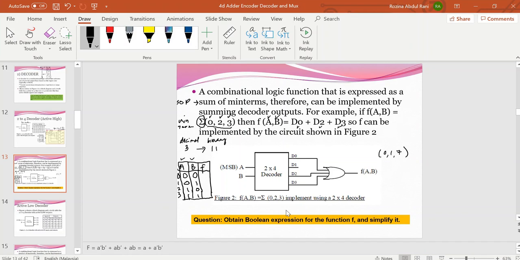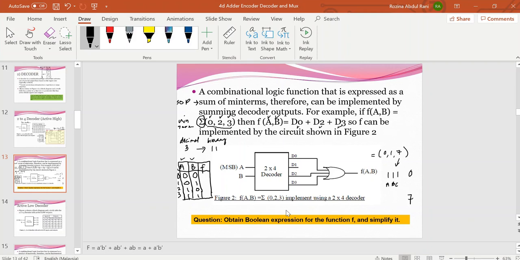This means your truth table for your Boolean function may involve up to 3 variables, because 7 is equal to 1, 1, 1. So you need A, B, C, which means your truth table is from 0 to 7. So you need to have 8 inputs.